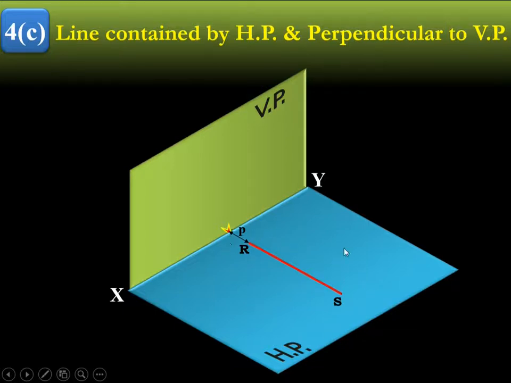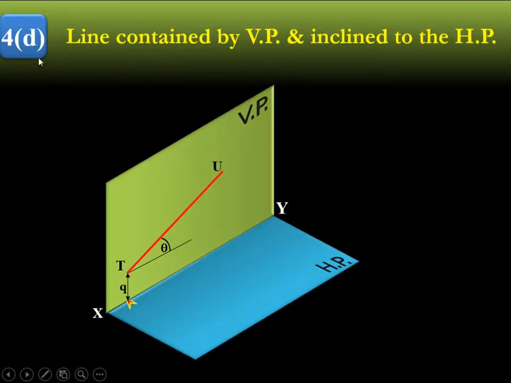Here we can see the pictorial representation of a line capital RS which is contained by horizontal plane and perpendicular to the vertical plane.